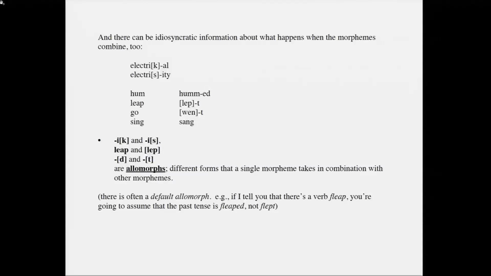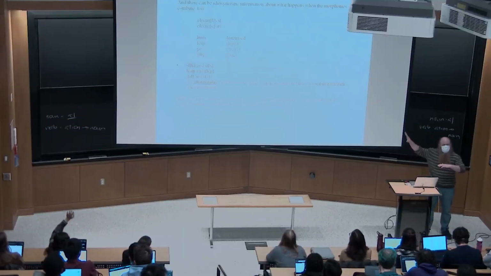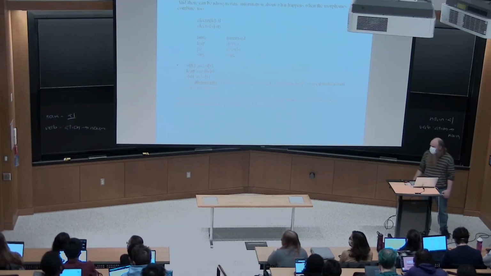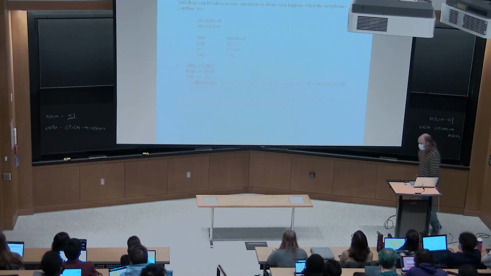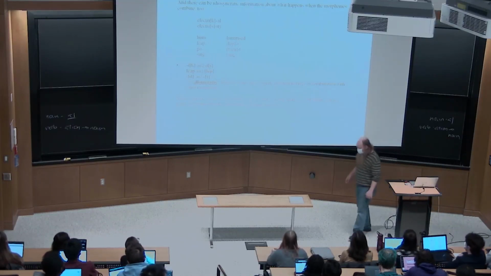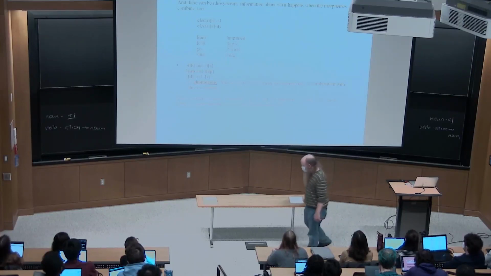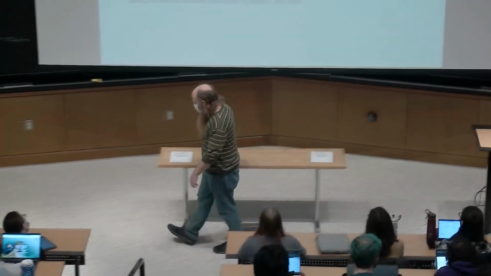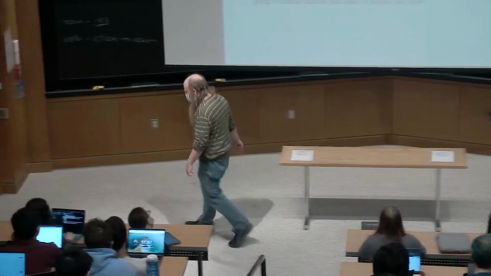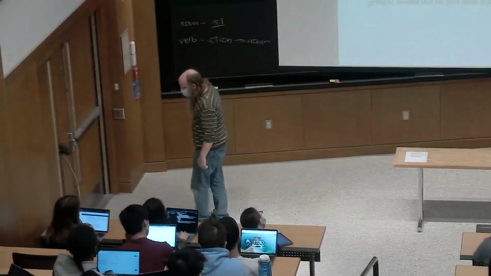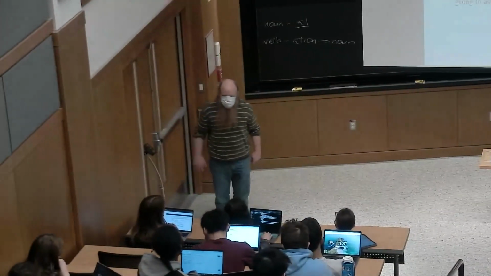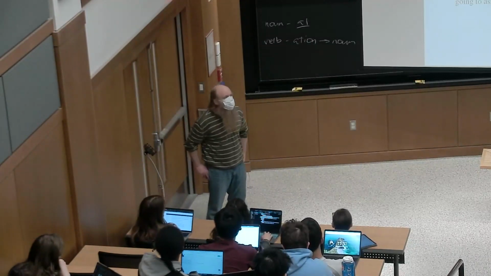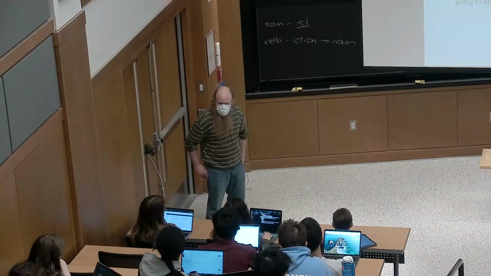Okay? Is any of this surprising or weird? Yes? Does that particular example have anything to do with the fact that it looks like the word leap? I made it up that way to make you think that. So she asked, does that have anything to do with the fact that it looks like the verb leap? I guess the point I was making is we can't have a general rule that if you're making the past tense of a verb that ends in eep, that it's going to change to ep.